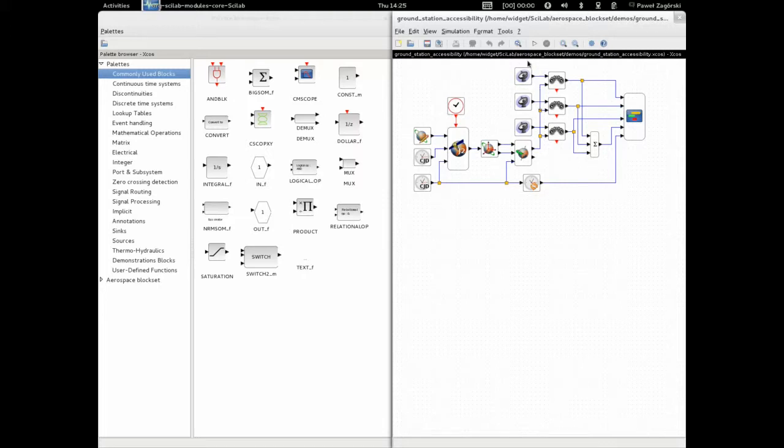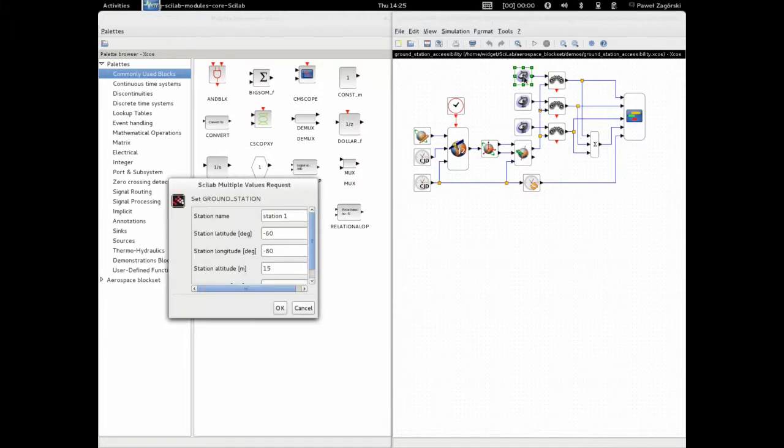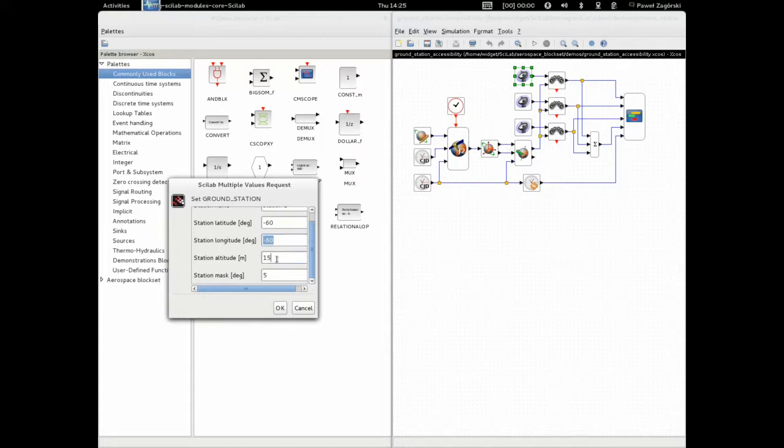Those three blocks are blocks that define ground stations. As an example, this block defines station 1, which is located at minus 60 degrees latitude, minus 80 longitude. It's located 15 meters above sea level, and it has a mask of 5 degrees.